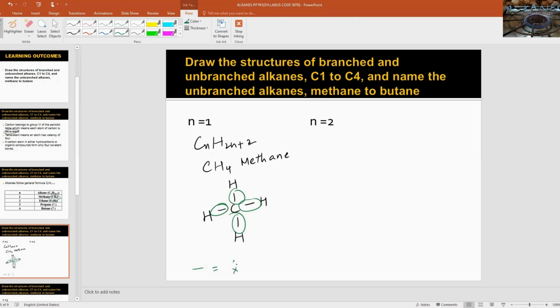Ethane, the second member, has a molecular formula of C2H6.